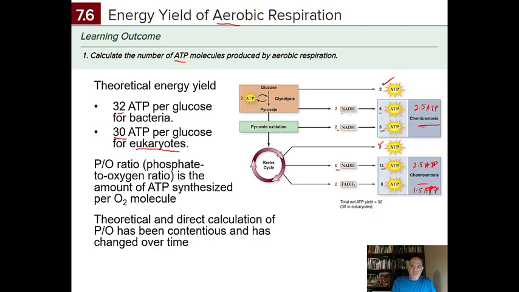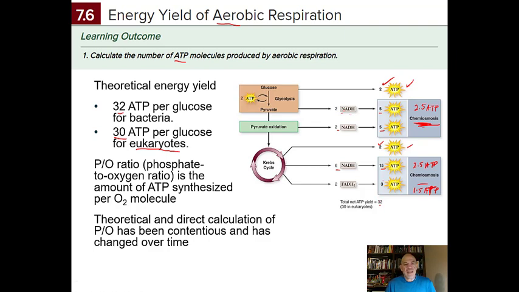Either way, these are the absolute numbers all the way through, including the ATPs produced right here by substrate level phosphorylation, and these are the oxidative ones, the chemiosmosis, oxidative phosphorylation, and we get our total of 32, 30 for eukaryotes because it costs overall.